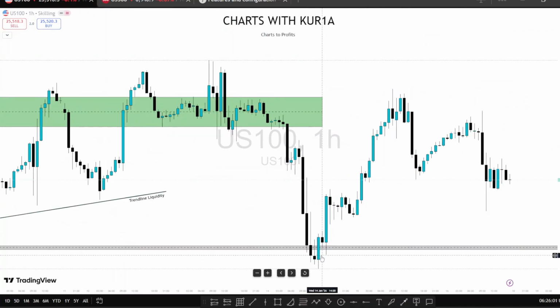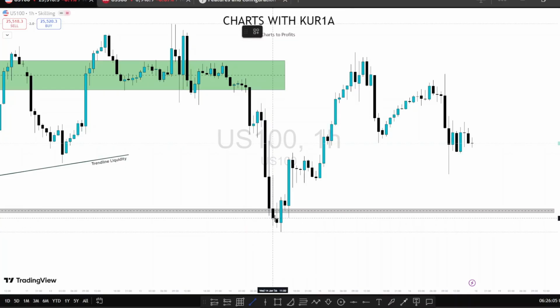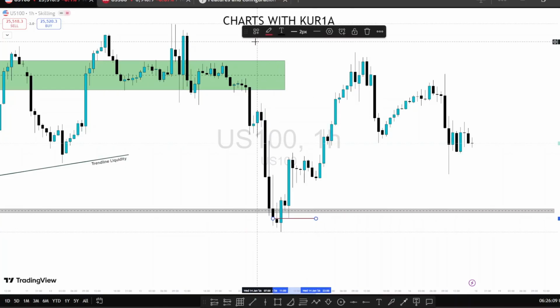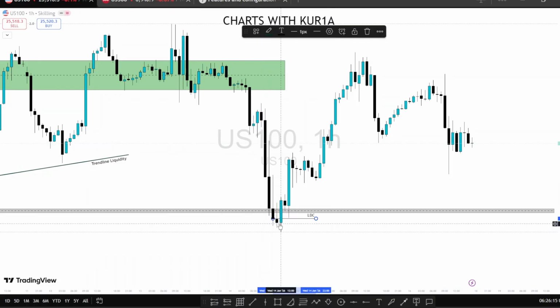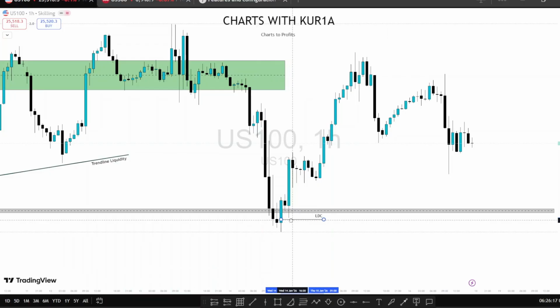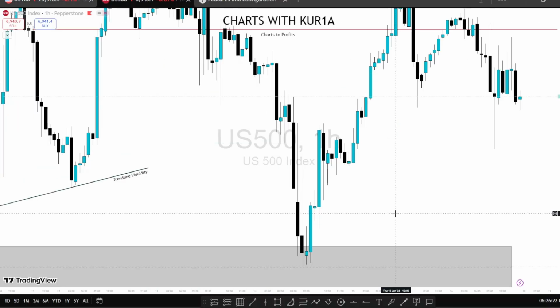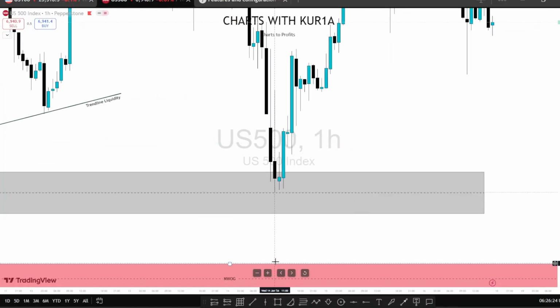As soon as I saw that, I marked out the last down close candle on each of the assets. But the fact that US 100 had already swept the previous hour low, or the current daily low, and US 500 had not, I already knew that I was not going to take the trade on US 100.